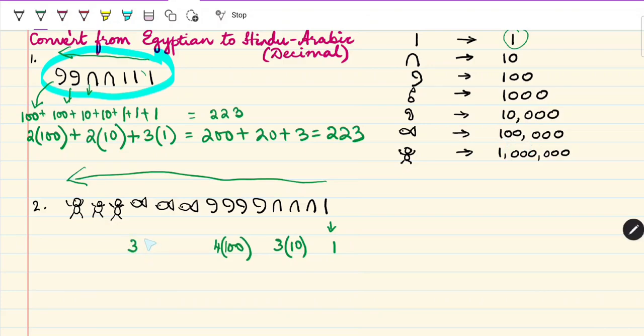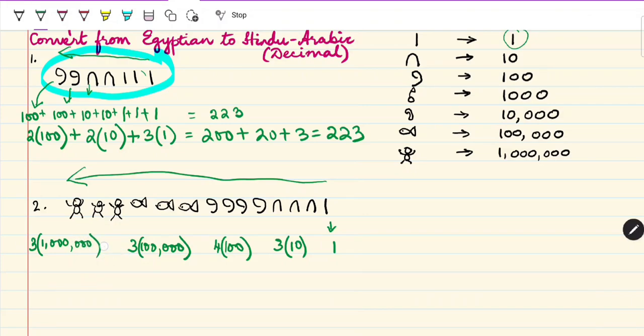So 3 times 100,000. And then at the extreme right, we have 3 astonished men. So that's 1 million each, but 3 of them. So I'm going to write it as 3 times 1 million.